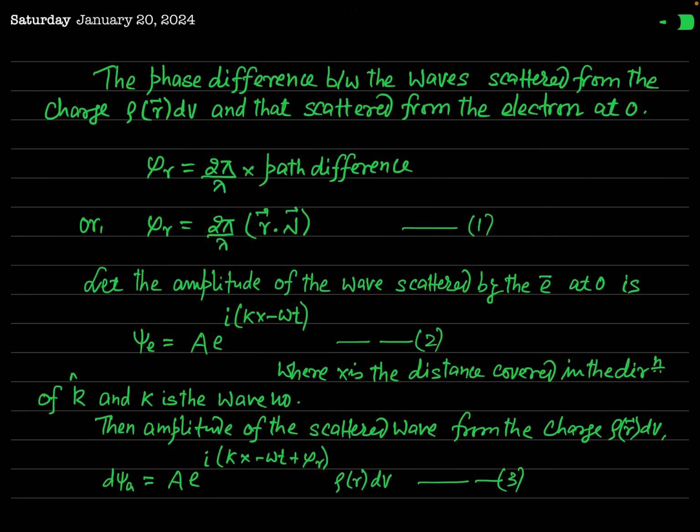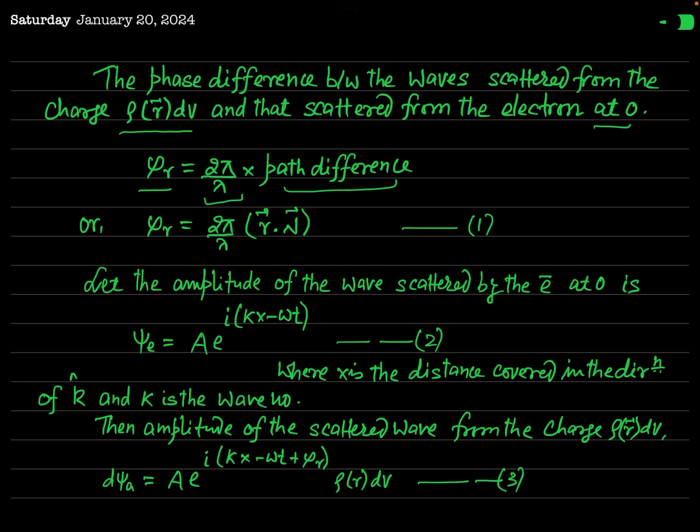The path difference between the waves scattered from the charge element rho r dV and that from the electron situated at O, if that phase difference is equal to phi r, what will that be? You know, phase difference is equal to 2 pi over lambda times path difference. Here lambda is the wavelength of the scattered radiation.